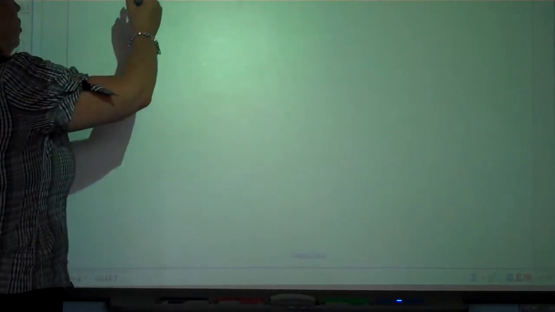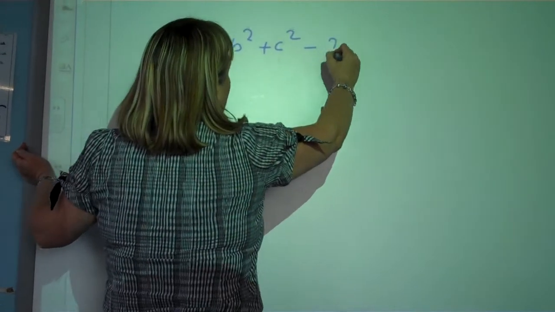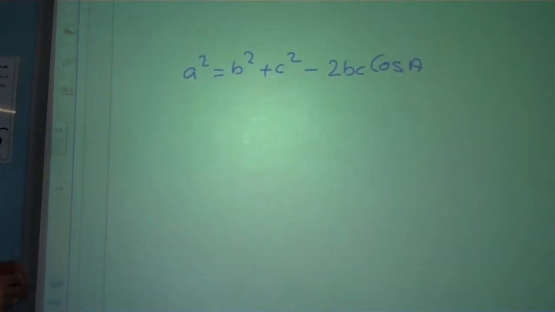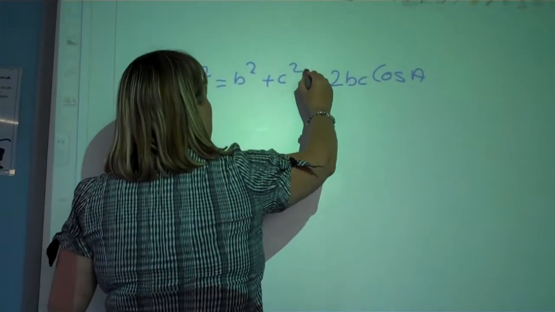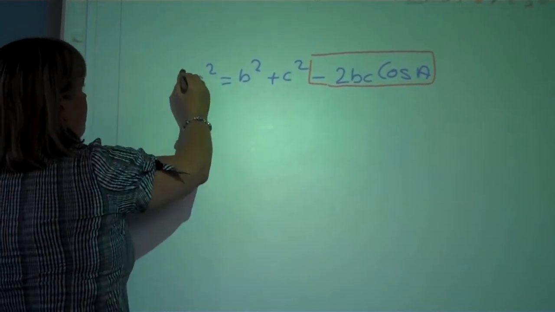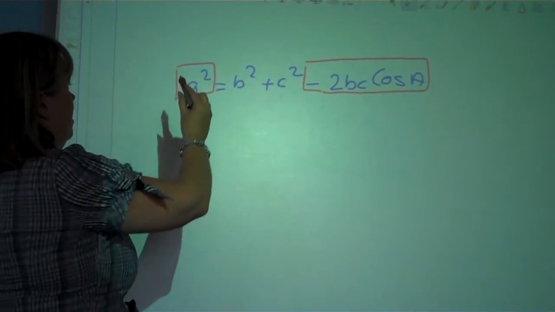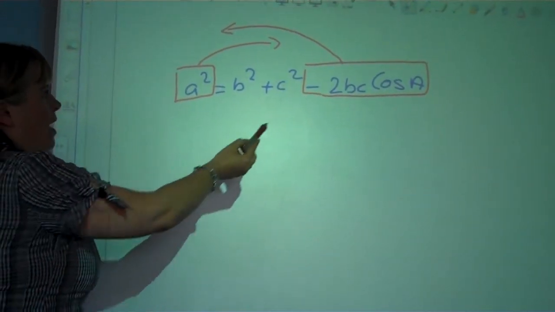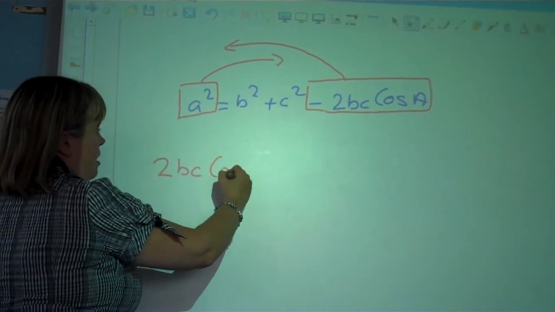Okay, so let's just have a look at rearranging that formula. If you've got a squared equals b squared plus c squared minus 2bc cos a, and you want to get that cos a all by itself, okay? Think of it like this. That minus 2bc cos a and that a squared, I'm going to move onto the other side of the equation. When I bring this over to the other side, I have now got 2bc cos a.